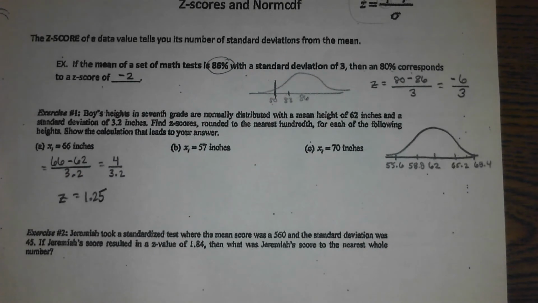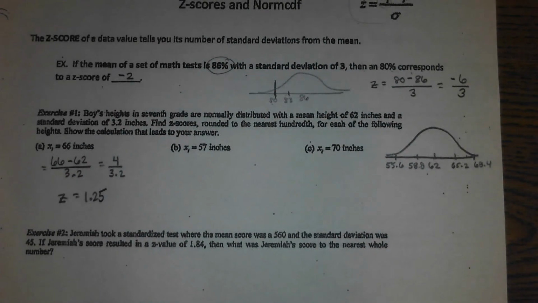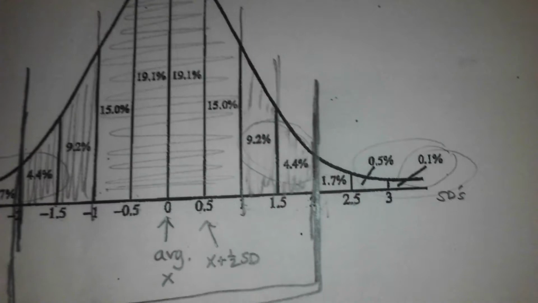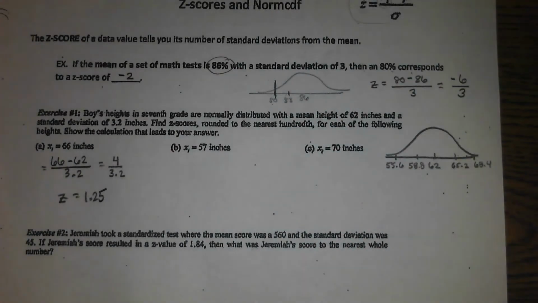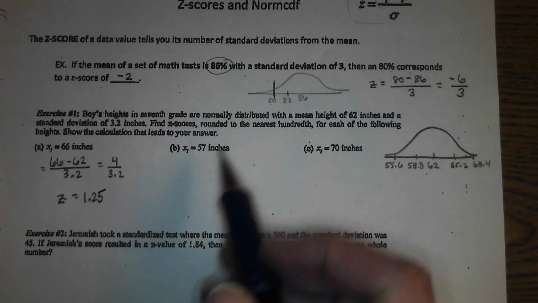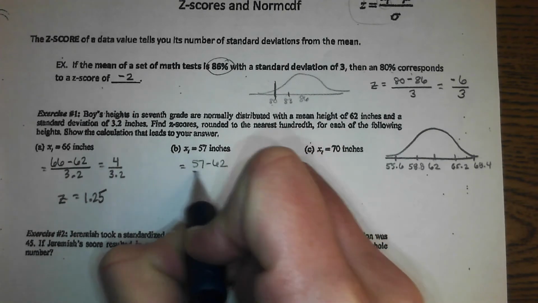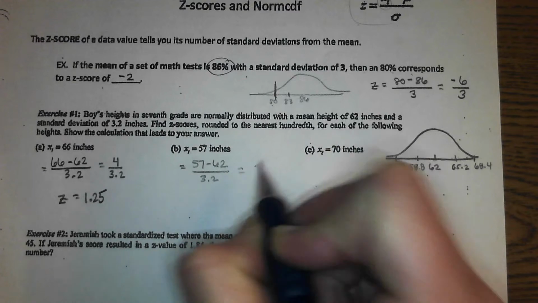And see, what you're obviously going to find is that our chart that we dealt with yesterday also doesn't break down percentages on the 1.25 level. I'm sure there's one out there that is more detailed, but we're going to use our calculator here in a minute to do these problems. 57 would be 57 minus the average of 62, all over the standard deviation.